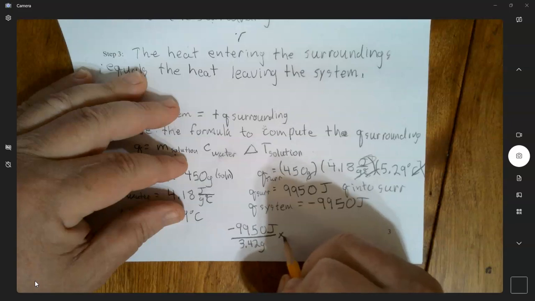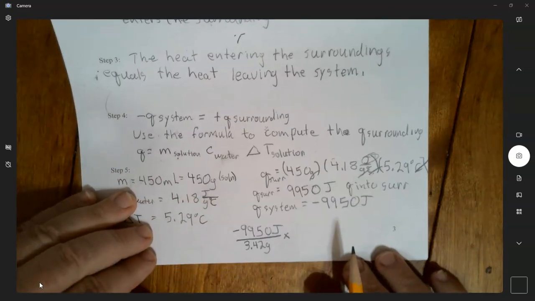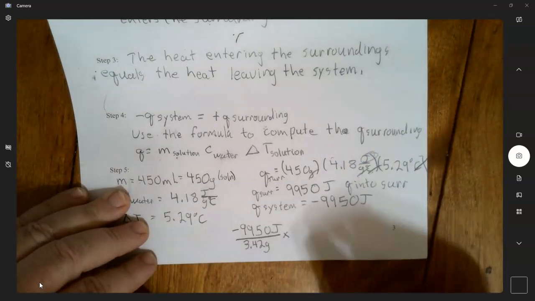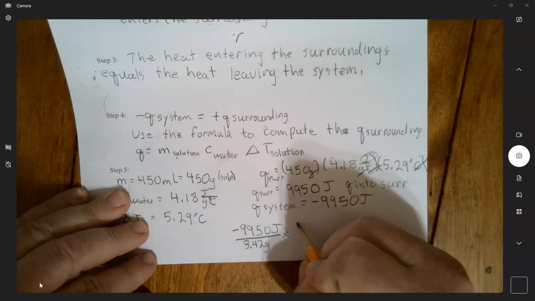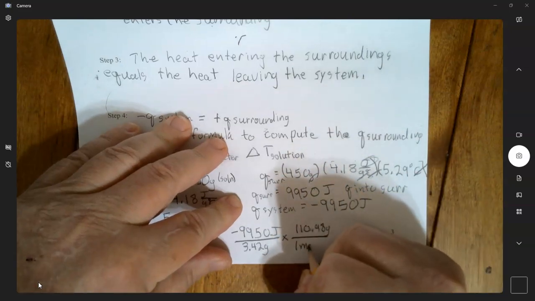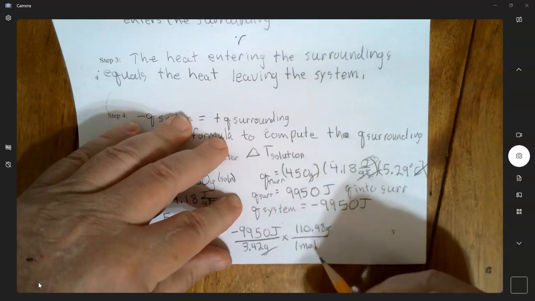Then we multiply by the molar mass because we want moles, not grams. One mole of calcium chloride is 110.98 grams, so we put grams on the top over 1 mole of calcium chloride. Grams cancels, and now we have joules per mole.